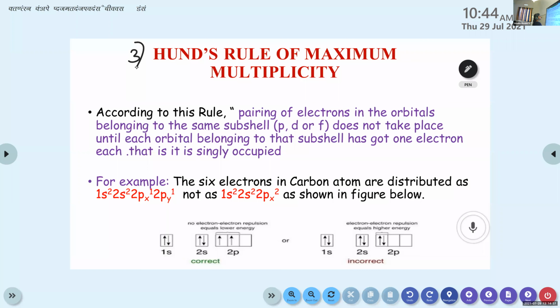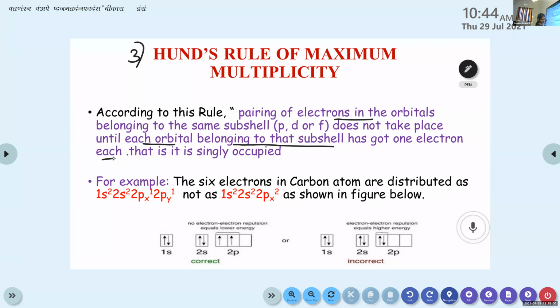And according to this rule, pairing of electrons in the orbitals belonging to the same subshell, that is P, D or F, does not take place until each orbital belonging to that subshell has got one electron each. That is, it is singly occupied. Okay, I will explain that.